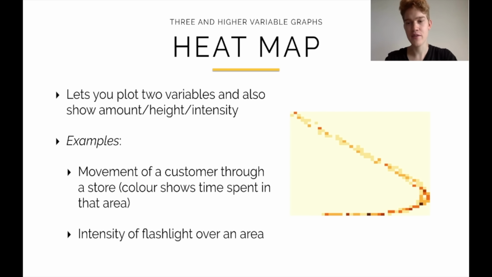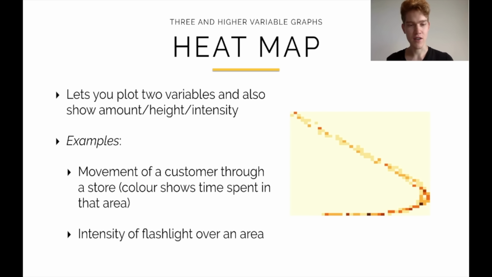And so the 3 variables that we've shown here are their x position in the store, their y position in the store, and, through the color, the time that they spend at each position. And so that's what we can use heat maps for. Another example of a heat map would be if you take a flashlight and move it over the screen, and really what you're showing is the amount of time that you've shone the flashlight onto a specific region.